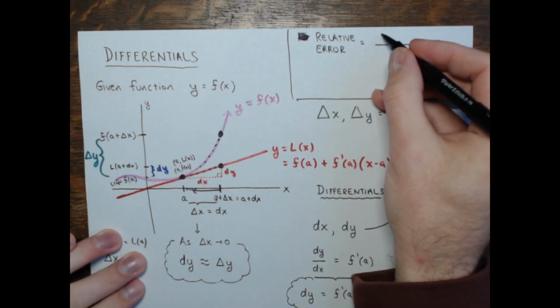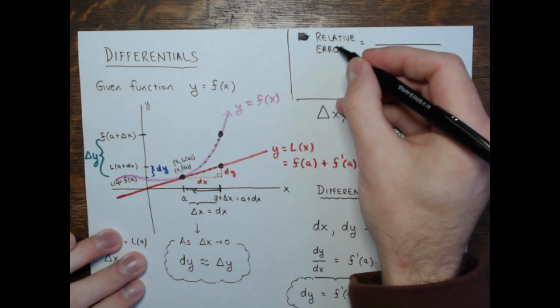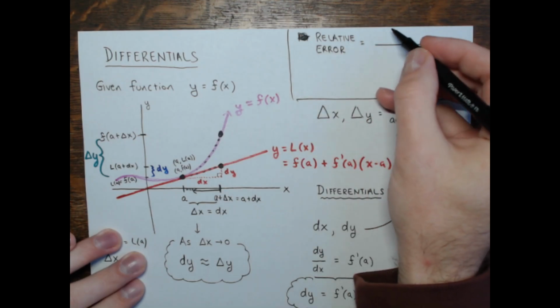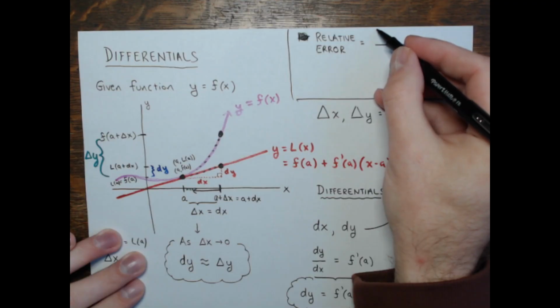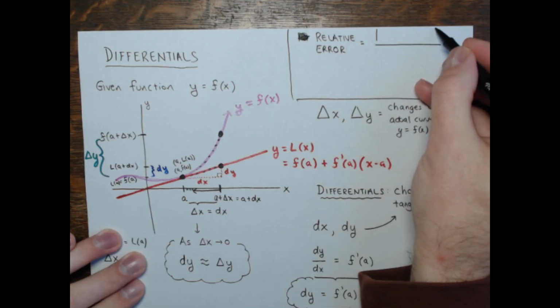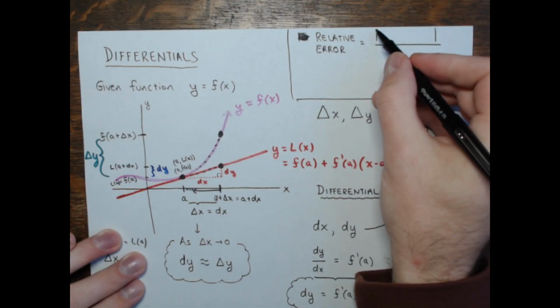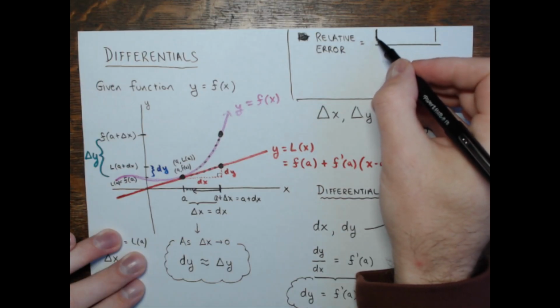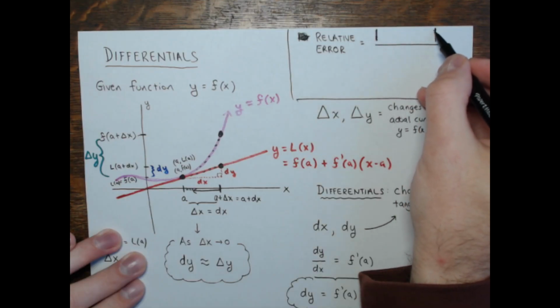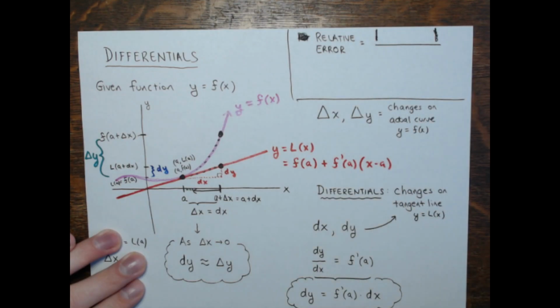So the relative error when you have a change in some quantity, up top you have the absolute value. No, I shouldn't put absolute value. Usually error is going to be made positive.